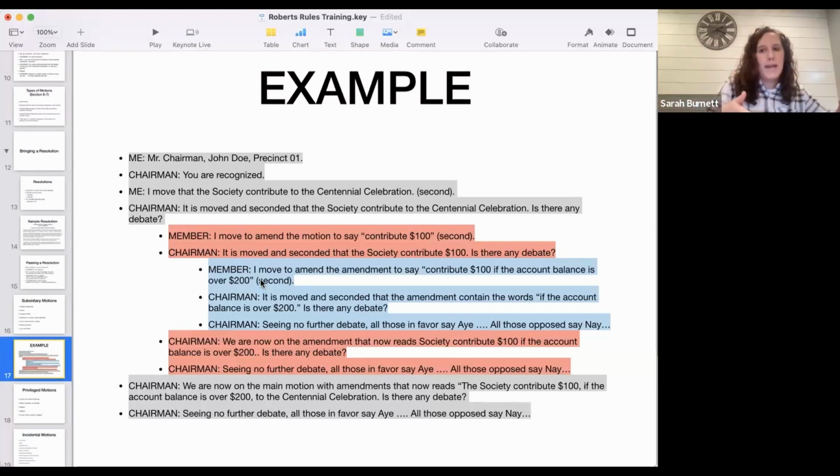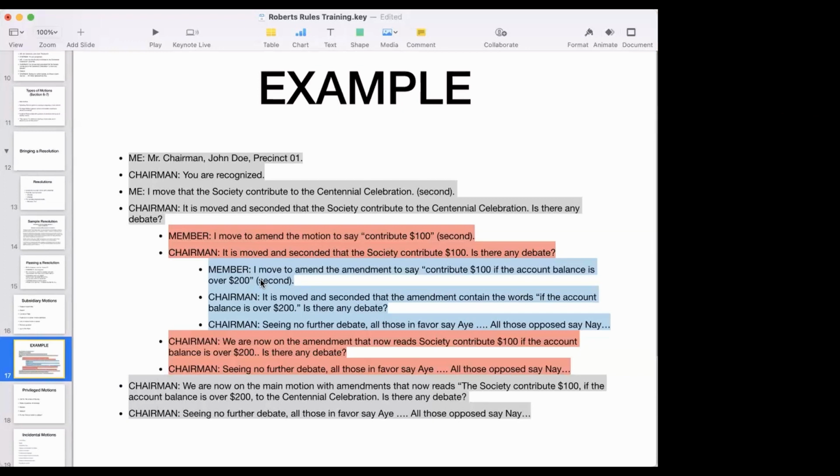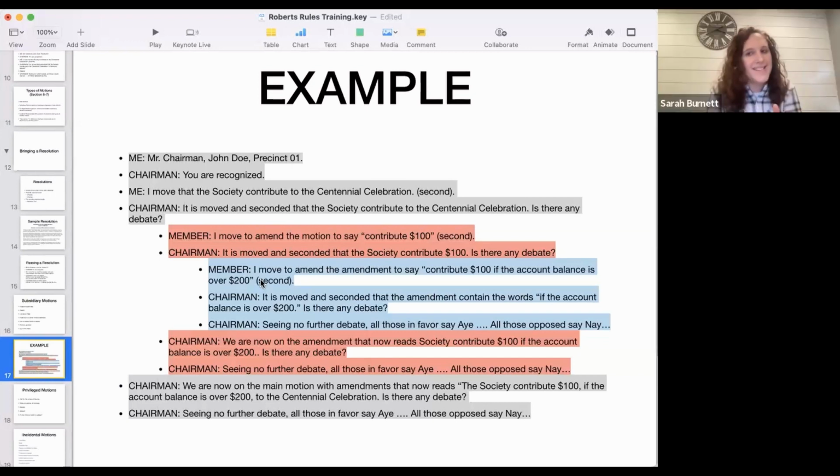Now we go back out to the main motion, which is in gray here at the bottom. We are now on the main motion with amendments: the society contributes $100 if the account balance is over $200 to the centennial celebration. And then we vote on it all as a whole. So that is how you do amendments.